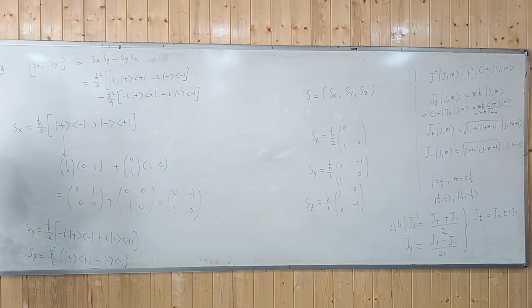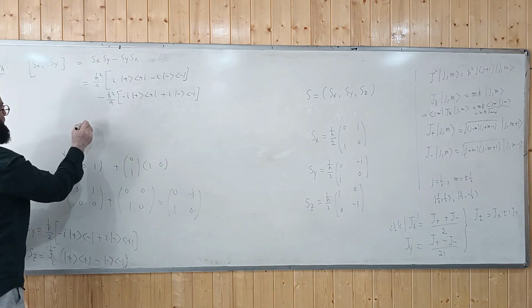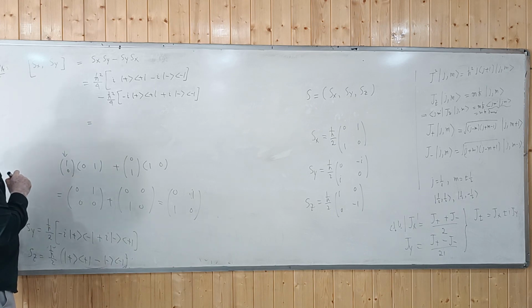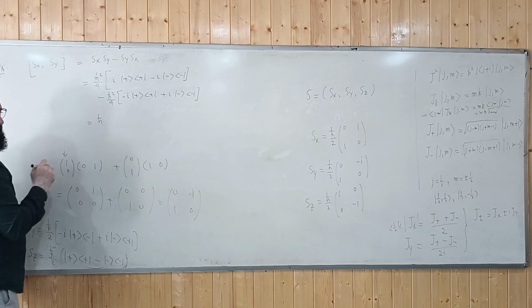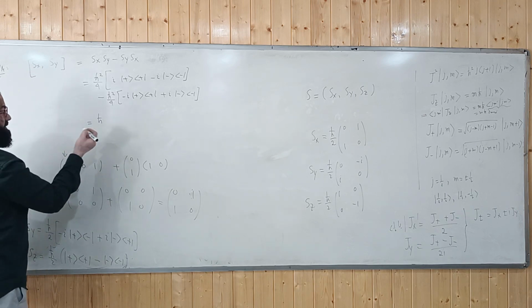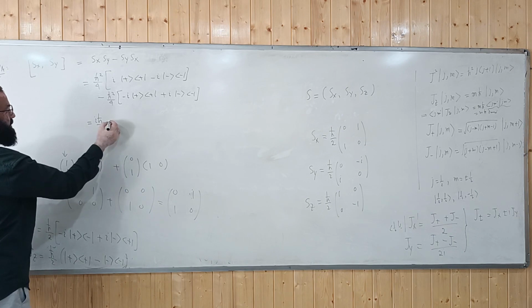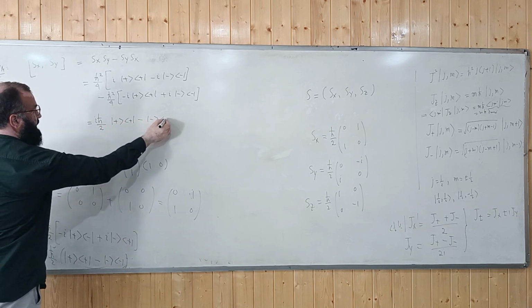Okay, so now if you check it, can anyone tell me what it will be? I can write it like this. Okay, so it will be i times h cross by 2, plus minus minus.